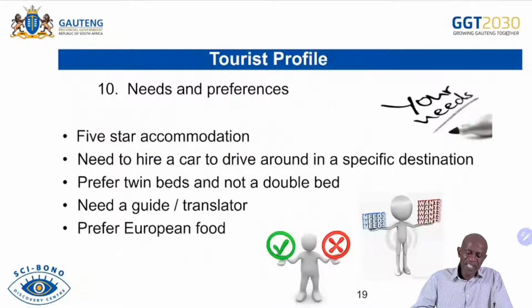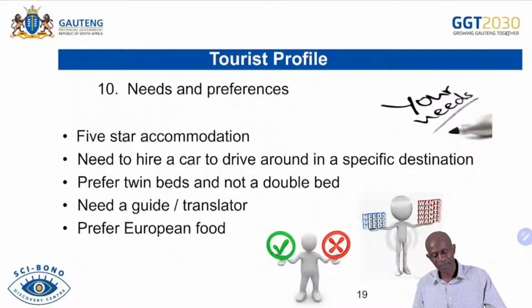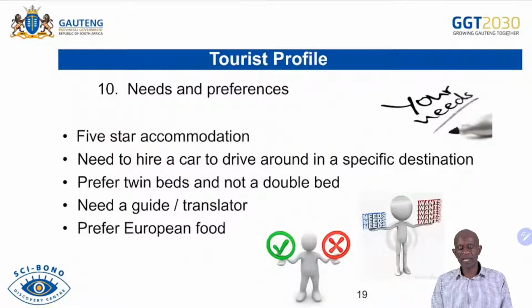Some of the needs and preferences include: is there a need to hire a car to drive around in a specific destination or not? Whether your tourists prefer twin beds and not a double bed, that is for you to establish from the tourist profile.